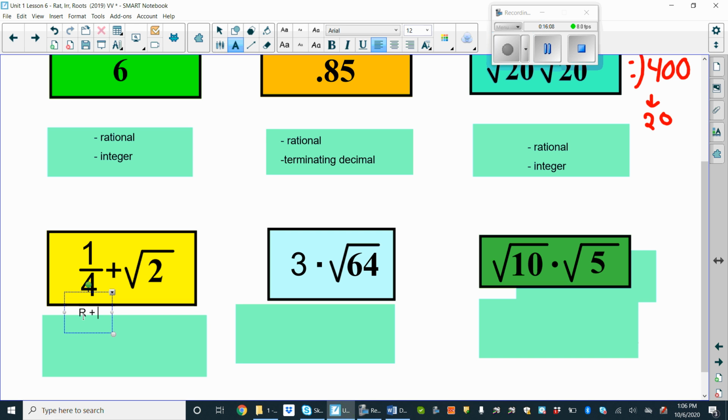If you type the square root of 2 into your calculator, you see it's a non-perfect square, and we know non-perfect squares are irrational. So a rational plus an irrational number equals an irrational number. If you type 1/4 plus the square root of 2 straight into your calculator, you get a decimal that's non-repeating, non-terminating, and therefore that is irrational.